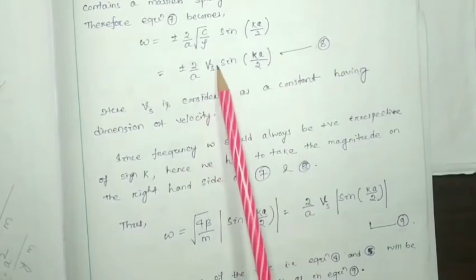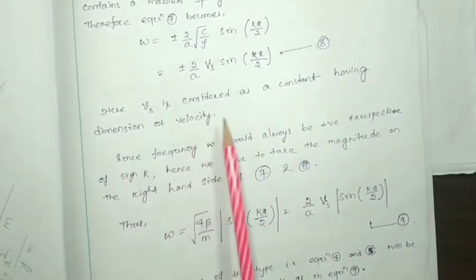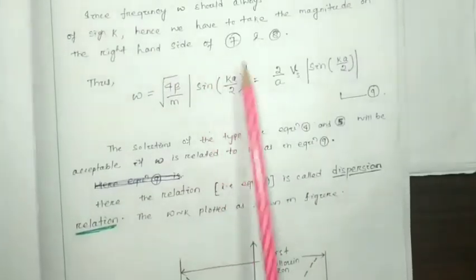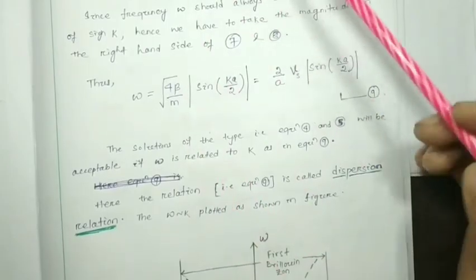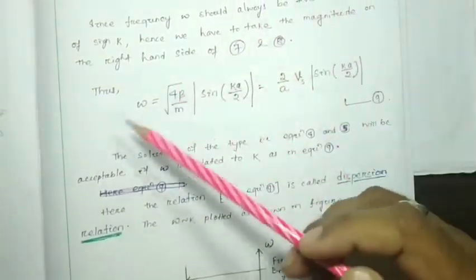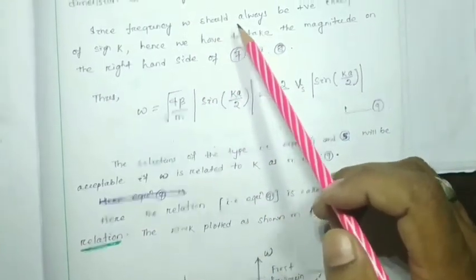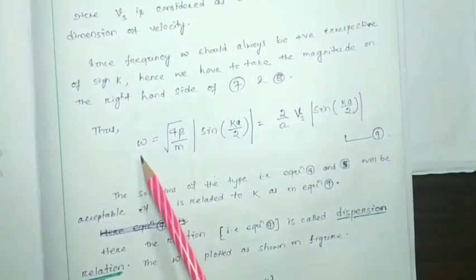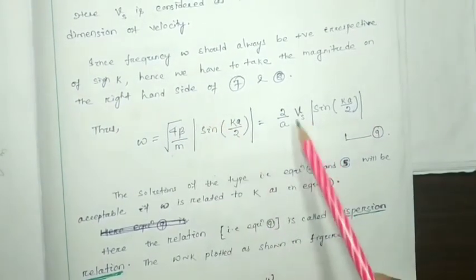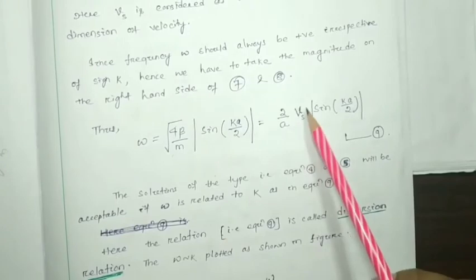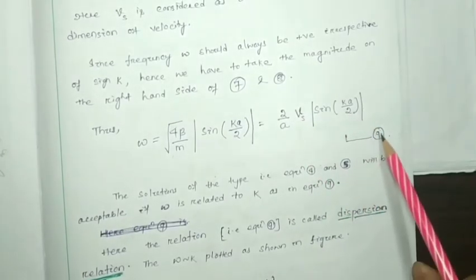Here Vs is a constant having the dimension of velocity. The right hand side of equation number 7 and 8 has to be positive, because omega should always be positive. So this omega will be 4 beta by m root over sine k a by 2 modulus, 2 by a Vs. Vs has the dimension of velocity, sine k a by 2. This is equation number 9.